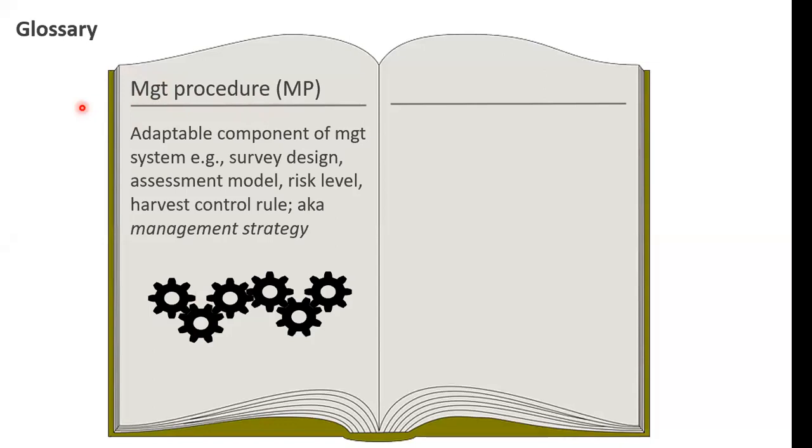Or the type of harvest control rule that we're using. And I would probably also refer to this as a management strategy. And when I mention this in some of the graphics, I've got this set of gears indicating management procedures.